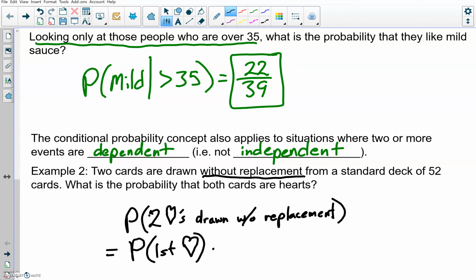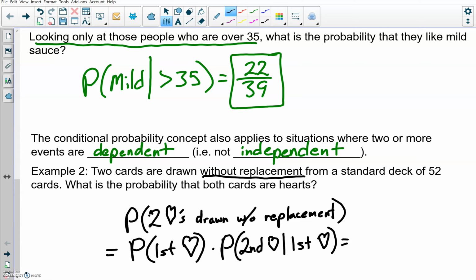However, without replacement, we have a given condition that we have to worry about. So the probability of the second heart is now going to depend on this given condition that the first one was a heart. And with these, you're always kind of thinking, well, what if the first one wasn't a heart? In probabilities, you don't worry about that. You're kind of an optimist. When you're doing these things, you want to be an optimist.